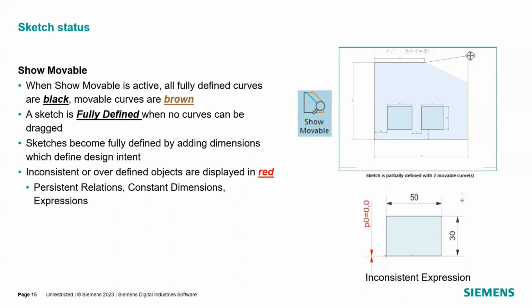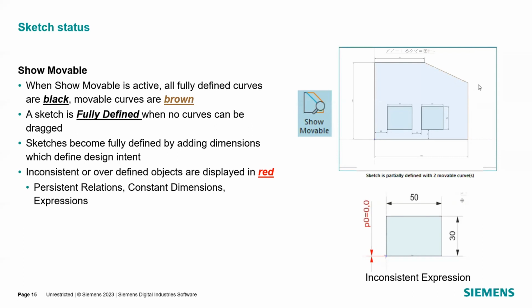As you continue to put the dimensions and everything on, you'll fully define. So again, that's a term that we're using. It's fully defined, right? You have all the information to keep it from moving around on the screen. Another thing that we have is if there's something that's either inconsistently defined or over defined, you'll see those objects highlight in red.